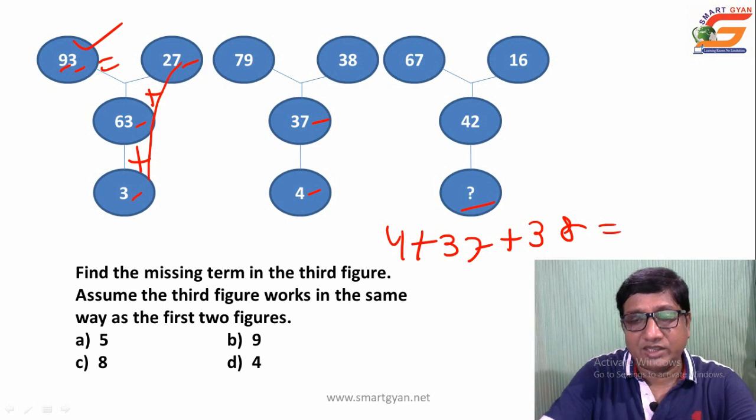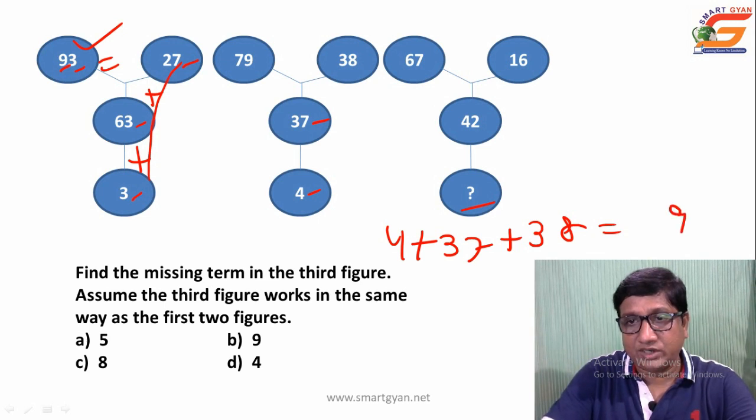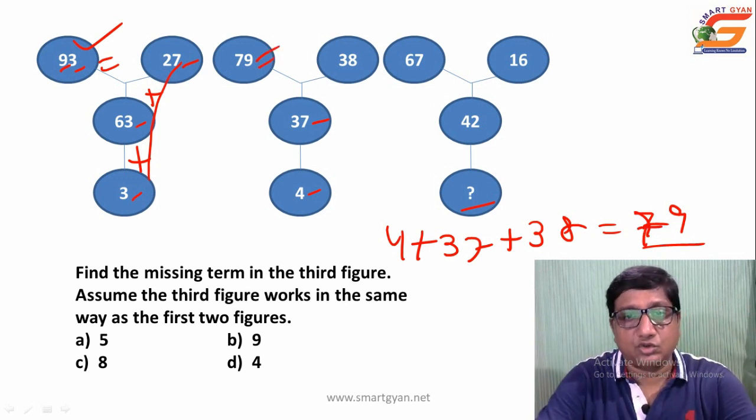If you add them all, 4, 7, 11, 8, 99, carried 1, 3, 4, 3, 7, 79. Yes, this is 79. So the sum of these three is equal to 79.